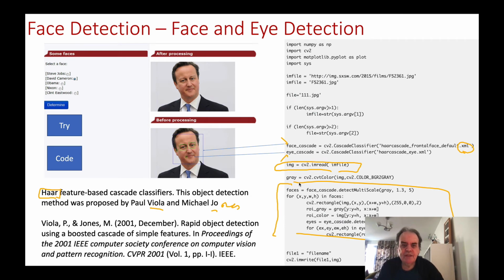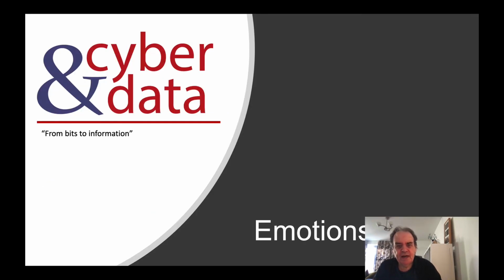Okay, so that's the type of code that we can use to detect faces and eyes. But often what we want to do also is to detect emotions.